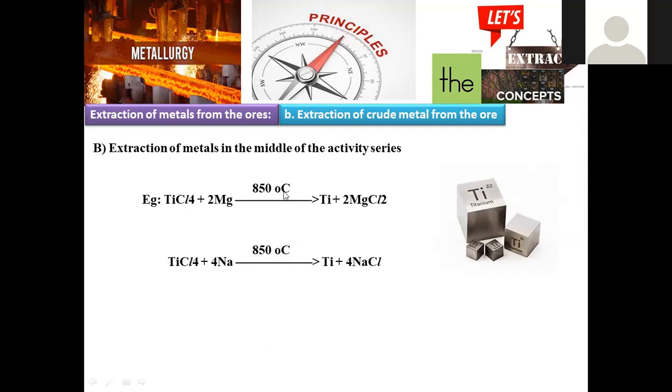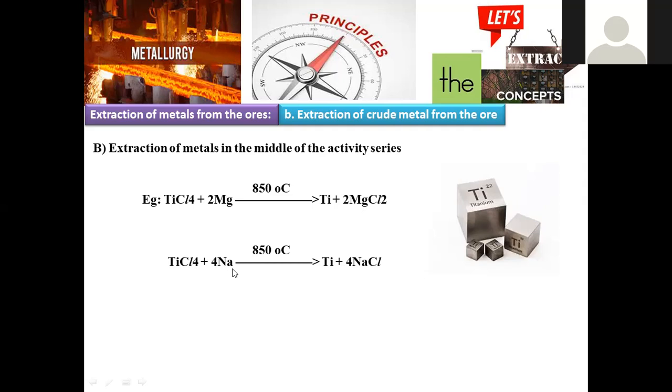At this heating condition, pure titanium will be obtained. Here, what's the oxidation state of titanium? +4. After this reaction, it is converted into titanium metal of 0. It is simply reduced, and magnesium accepts chlorine and is converted into magnesium chloride.